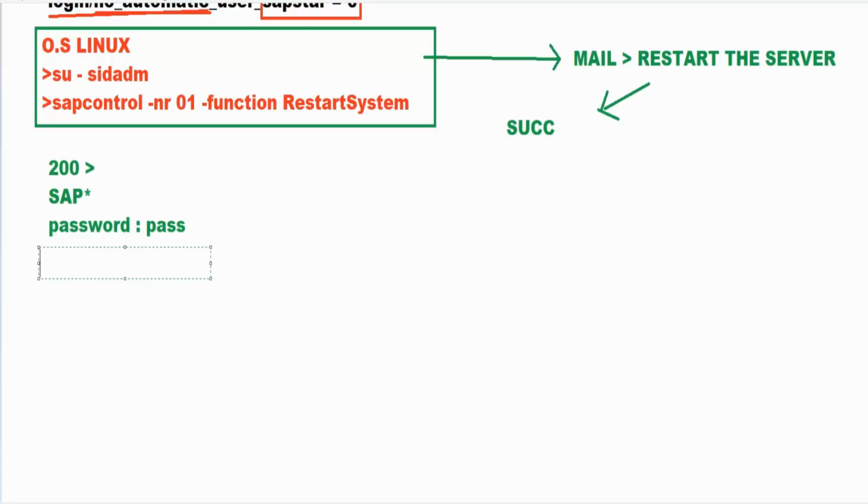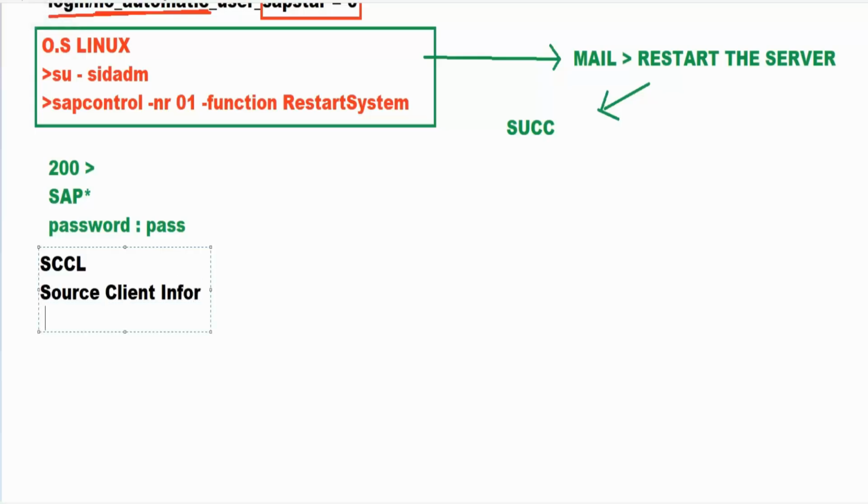Next we are going to do the client copy. For doing this, I am hitting the T-code SCCL. After hitting this, it will ask you to select the source details, the source client information.